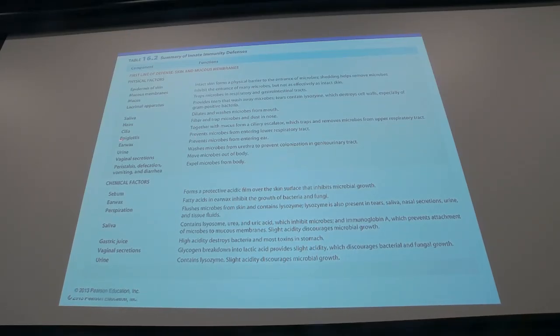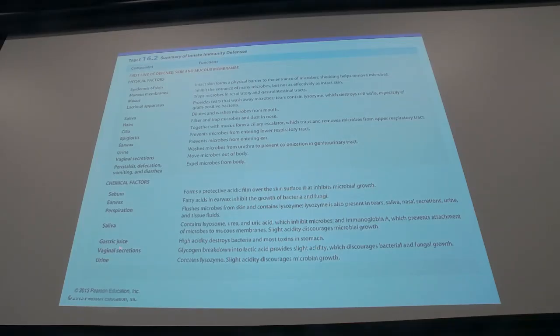And then for peristalsis, which is the contraction and relaxation of the muscles within the gastrointestinal tract, this one will bring microbes from proximal areas of the digestive tract into distal areas. And then if the person has an infection, vomiting and diarrhea can help to get rid of these microorganisms.